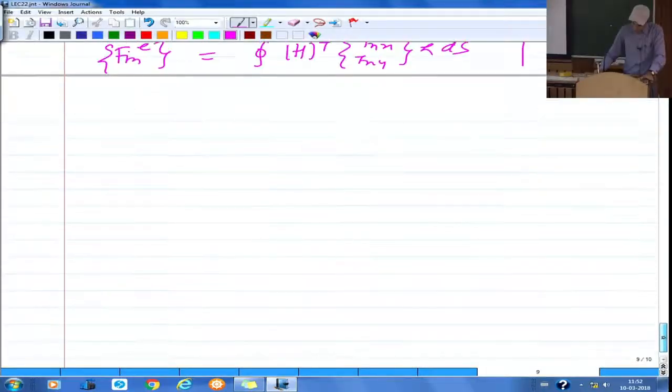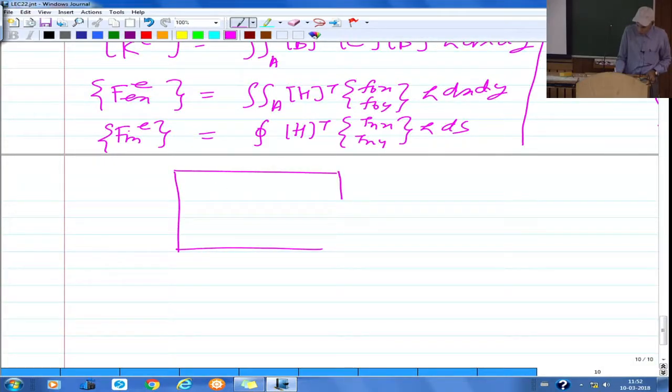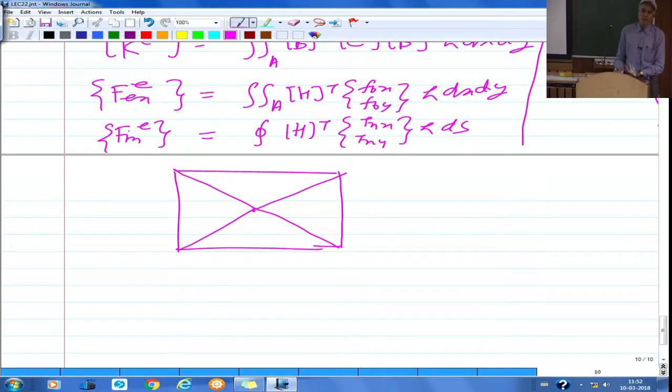So as a home assignment, I'll give you a couple of problems. For the heat transfer problem, whatever problem we did in the last class, rather than discretizing only into 2 elements, if you discretize into 4 elements like this, you can try to solve the same heat conduction problem.